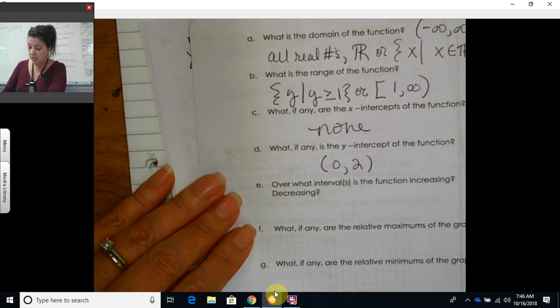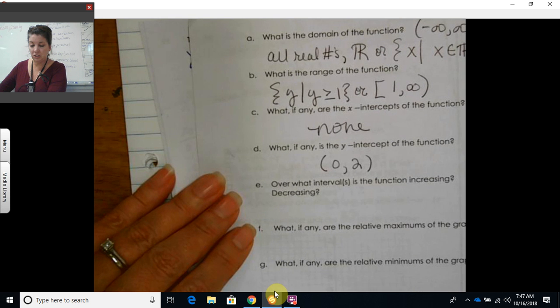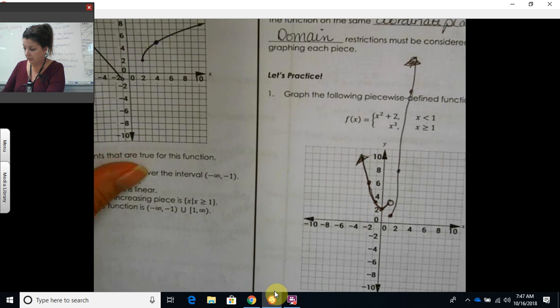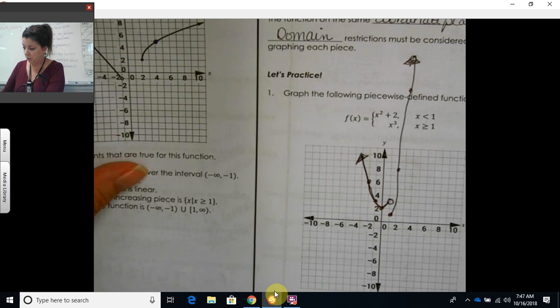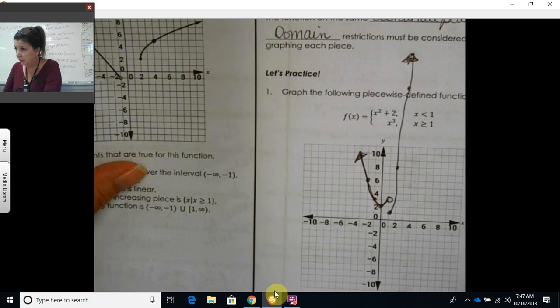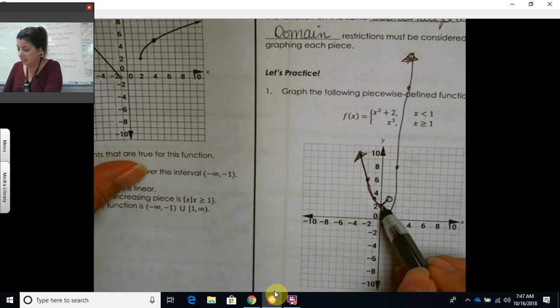Then it wants to know over what interval is the function increasing and also decreasing. Okay, do I have any increasing intervals? Yes. From what to what? From 1 to positive infinity, is that it? That is an increasing interval. And also from 0 to 1, it's also increasing, correct?